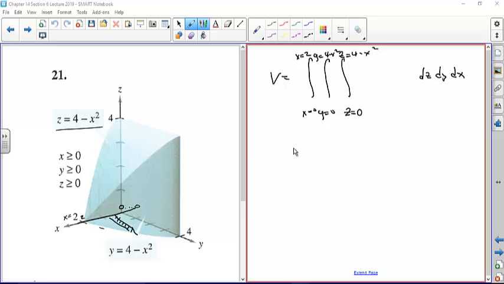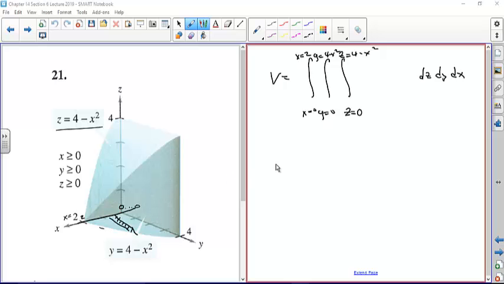So I'm going to give it a try. I think what we have to do is find out what the intersection of these two curves is, projected onto the ZY plane.